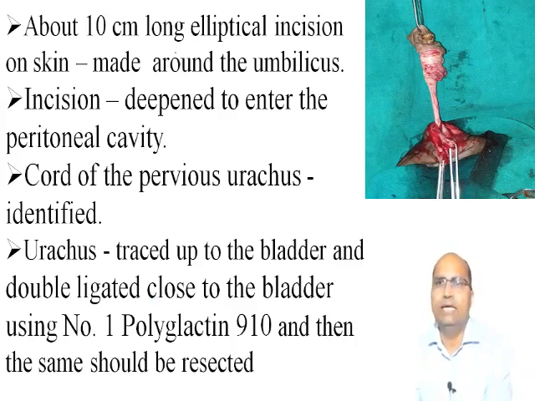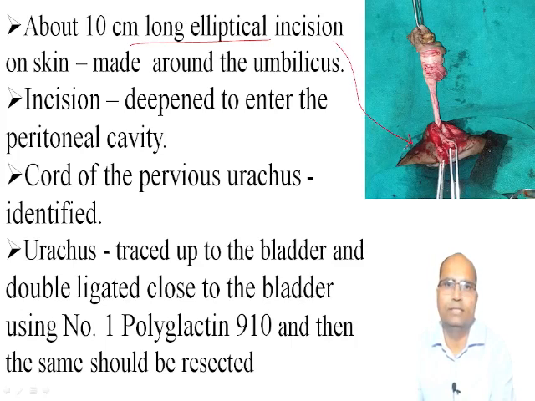About a 10 cm long elliptical incision on the skin is made around the umbilicus. The incision is deepened to enter the peritoneal cavity. The cord of the pervious urachus should be identified.